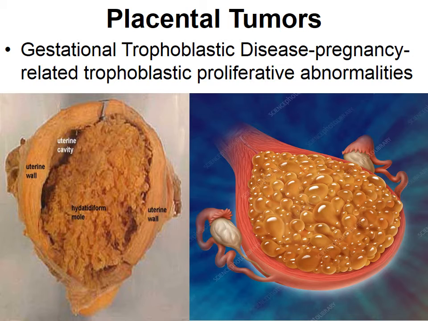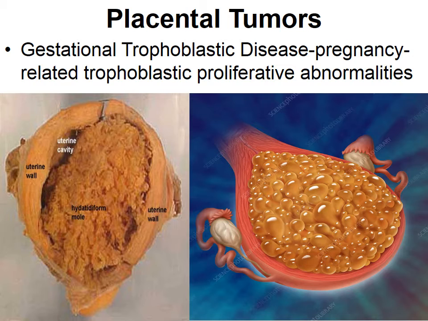Persistent or malignant disease will develop in approximately 20% of patients with molar pregnancy. The incidence of molar pregnancy varies among different nations and ethnic groups. The highest incidence occurs among Asian women living in Asia, 1 case in 200 pregnancies.